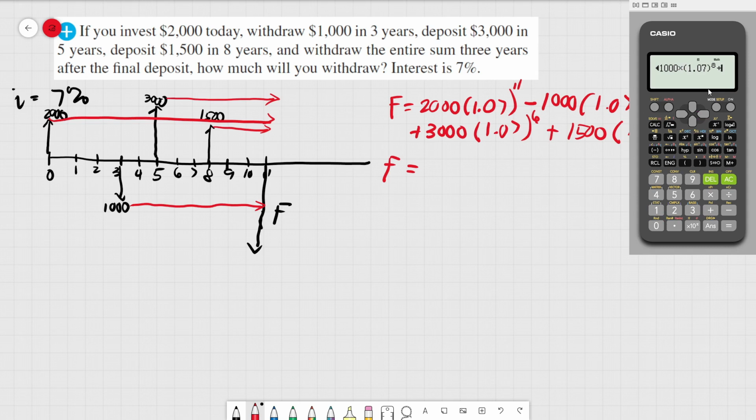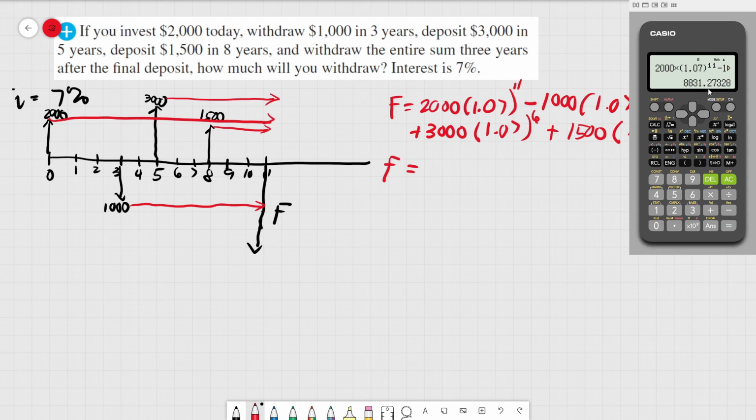Plus 3,000 times 1.07 raised to 6. Lastly, we have 1,500 times 1.07 raised to 3. Okay. So, and then enter.